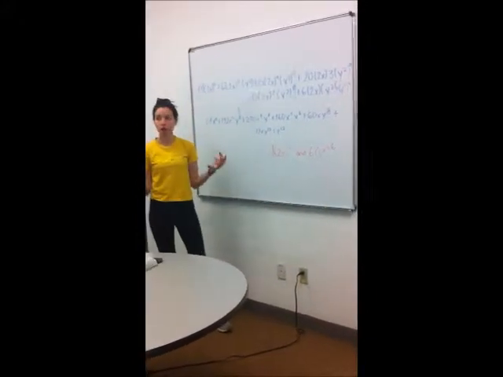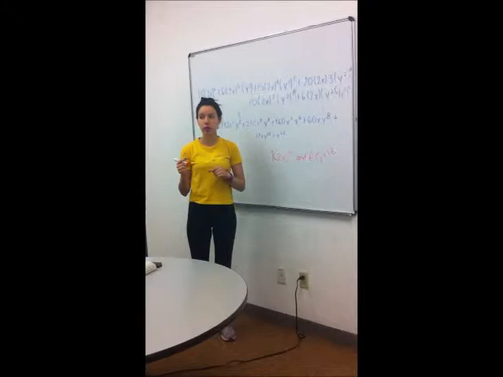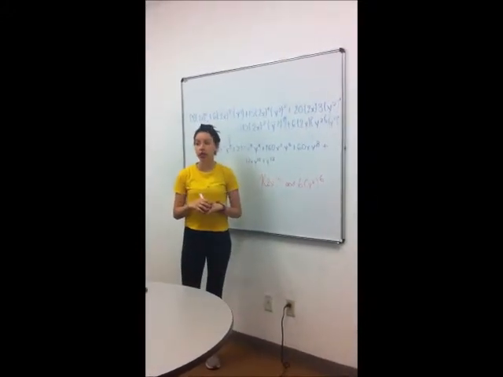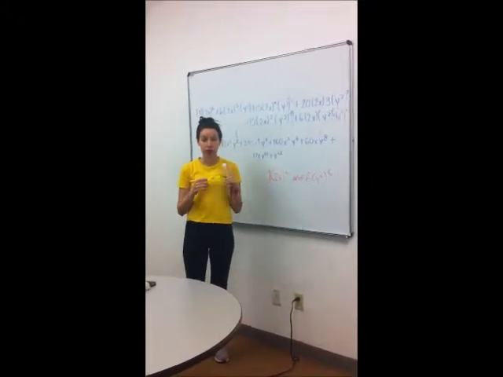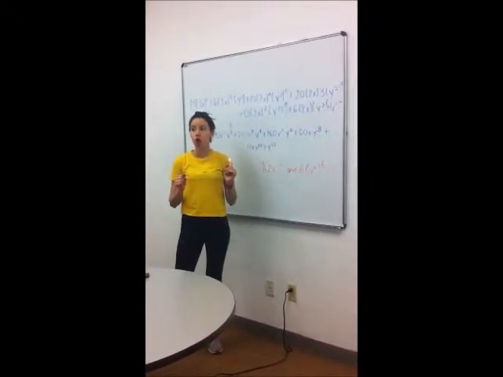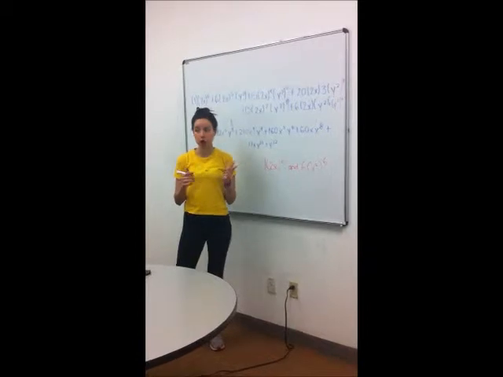Okay, so we already have the first two terms, but we also need to obtain the other exponents for the rest of the terms. So we are going to use a law that the Precalculus book told us: the exponents of a decrease by 1 from term to term, while the exponents of b increase by 1.